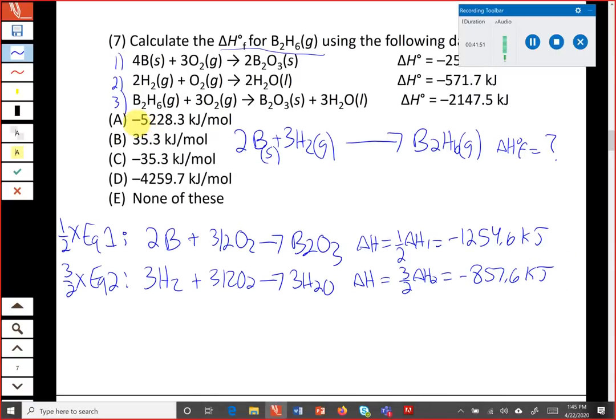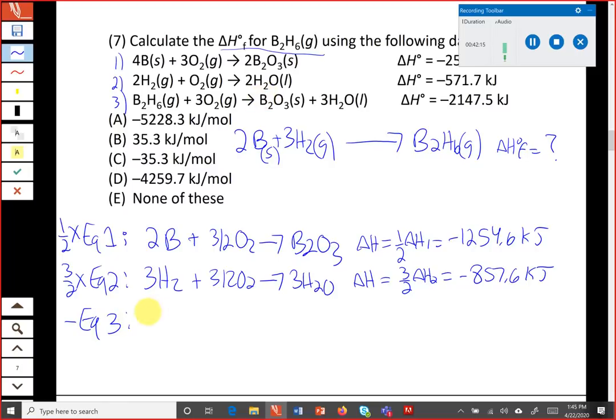And then finally, the last thing is we have to have B2H6 as a product. B2H6 only appears in the third given equation, but it's on the reactant side. So to get B2H6 on the product side, we have to flip this whole third equation, which basically means inverting reactants and products, with everything switched to the opposite side of the arrow. So we're going to take the inverse, or the negative, of equation 3.